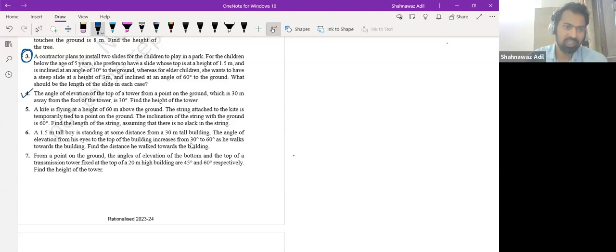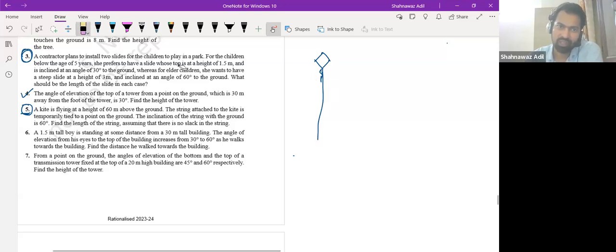So, the fourth one we did. Now, whose turn was it? Shaima's turn, right? Because Talha left and is not here today. So the fifth question is for Shaima. A kite is flying at a height of 60 meters above the ground. This is the height, and this kite is 60 meters above the ground.